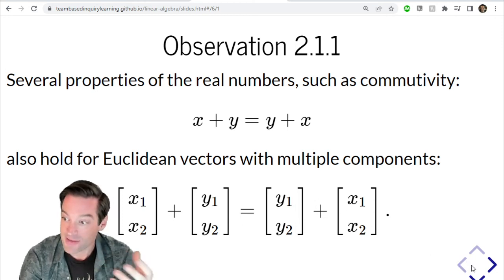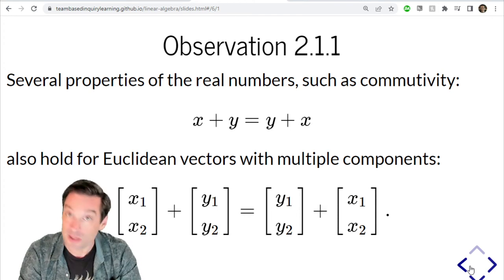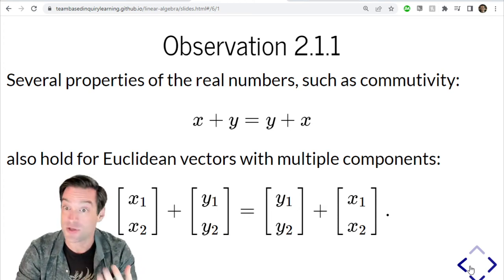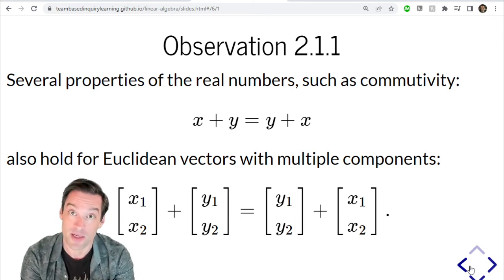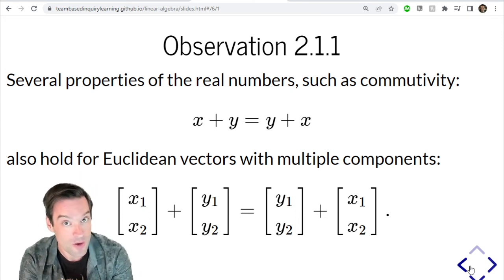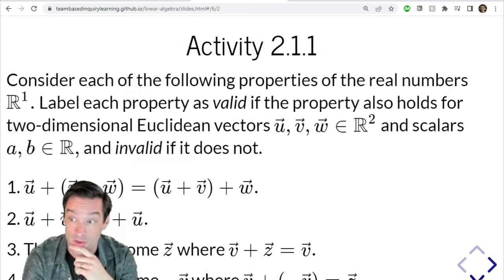And so we might ask the question: what other properties that we've learned about how real numbers behave with respect to addition, subtraction, multiplication, and division, do those have corresponding properties that also hold for vectors? Or might it not be the case that it's necessarily true for vectors in the same way that it was true for real numbers?